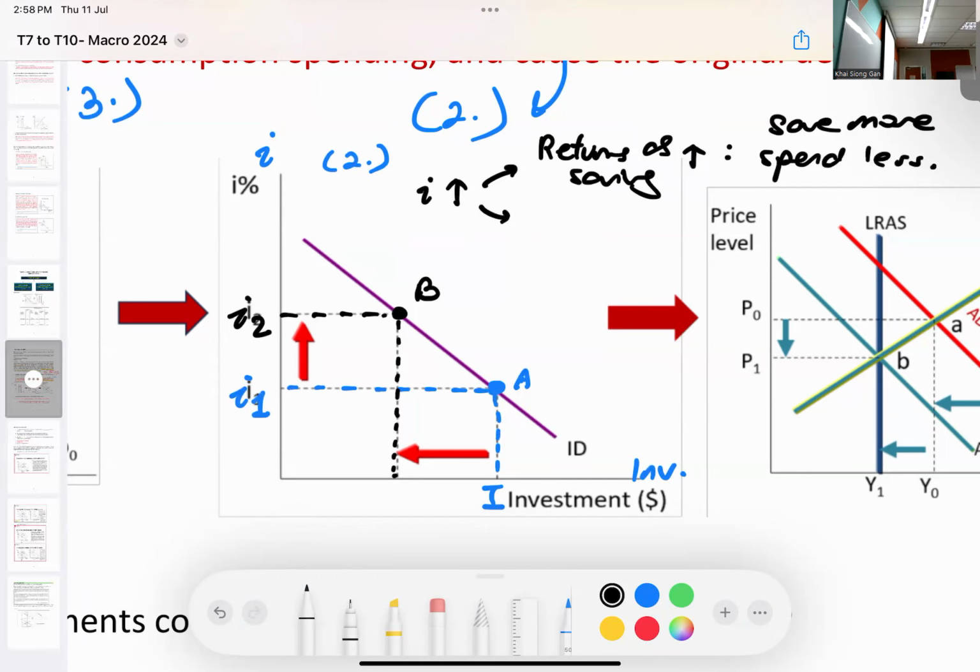Also, a higher interest rate means the cost of borrowing increases, so investment will fall.